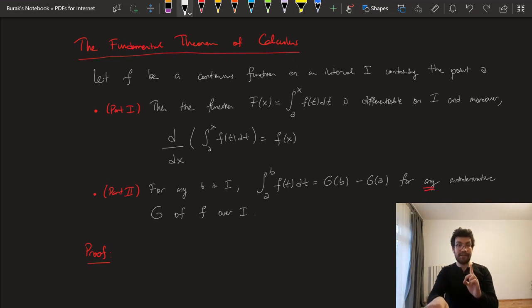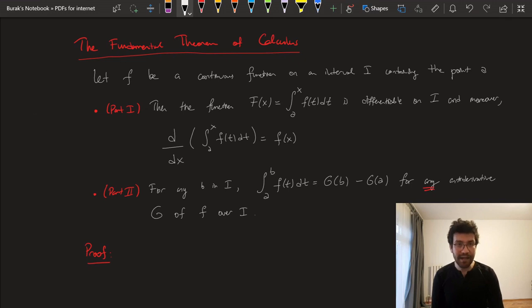My point A is fixed here. For each x, consider the function big F, which is defined as follows: F of x is the definite integral of little f from a to x, which exists because it's a continuous function. Then this big function F is an antiderivative for little f, okay.